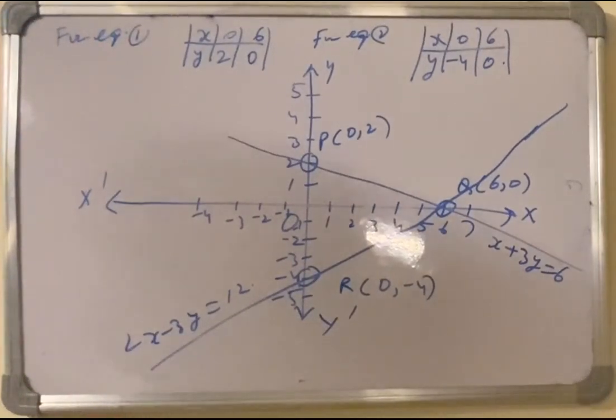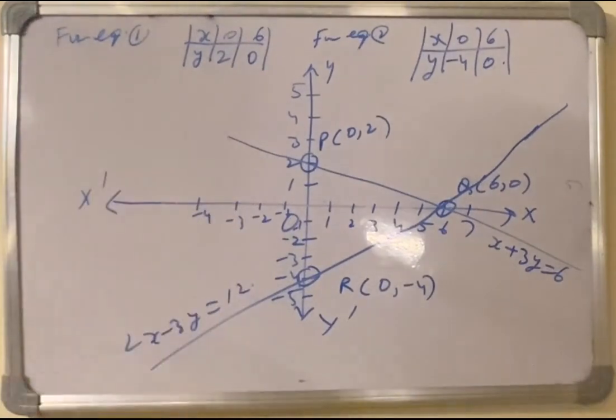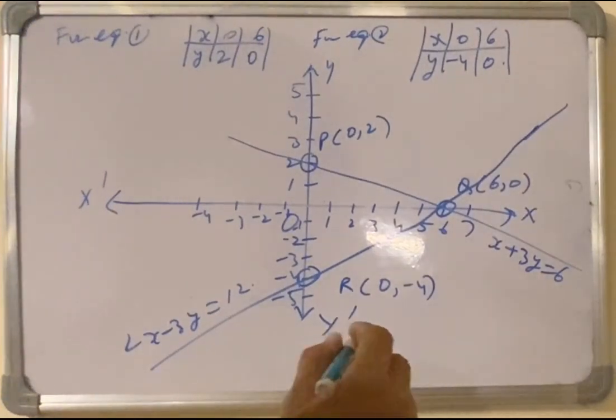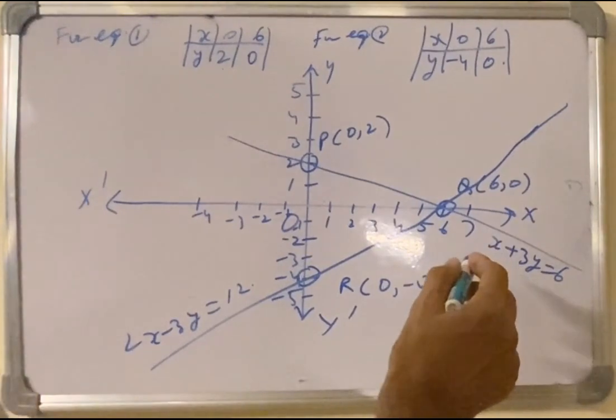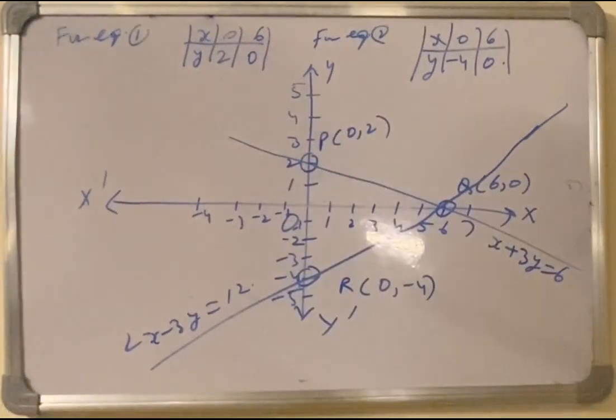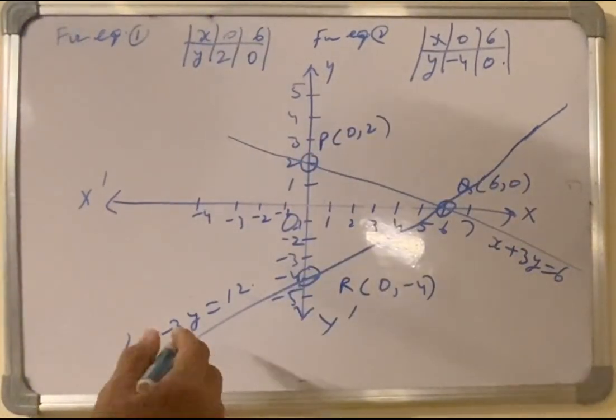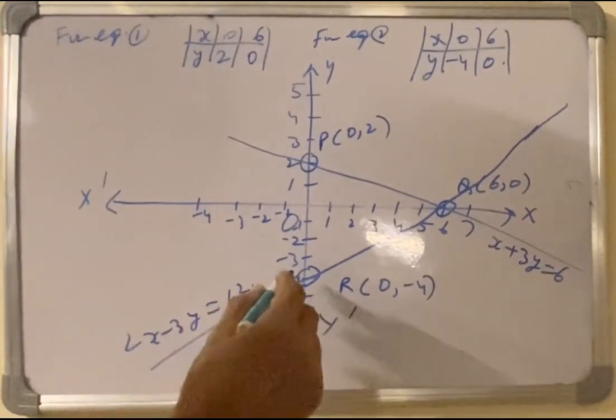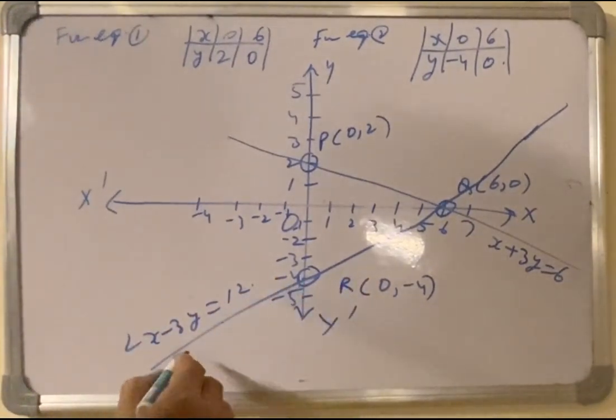Therefore, this is a graphical representation. Now we can see from this that the two lines intersect. First line intersects y-axis at point P (0, 2). Second line intersects y-axis at point (0, -4).